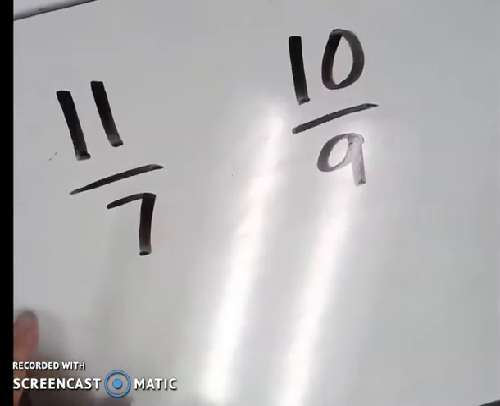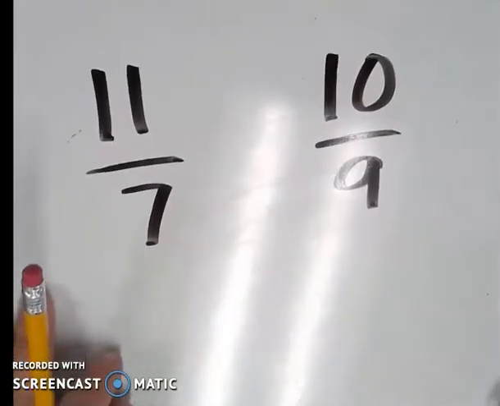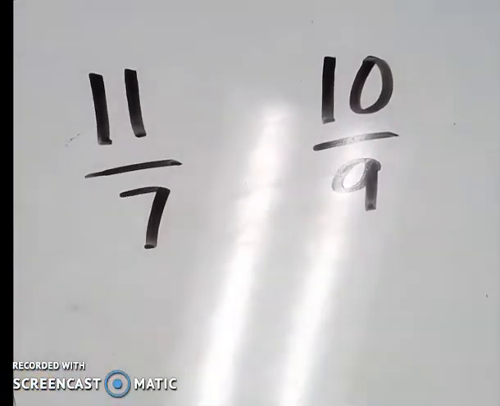Now, the first thing that we need to do is put these in fractions that mean the same thing but are easy to compare. So it's hard to find a lot of numbers that both 7 and 9 go into, right? Like if I go in multiples of 7, it takes a long time to find one that's divisible by 9. But I know that if they're hard numbers like that, the easiest way to do it is to say, what is 7 times 9?